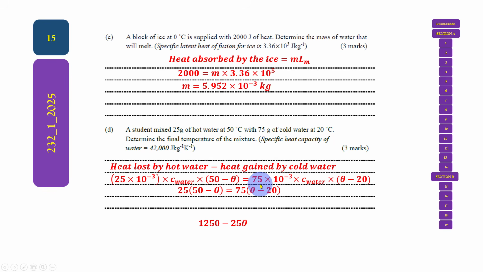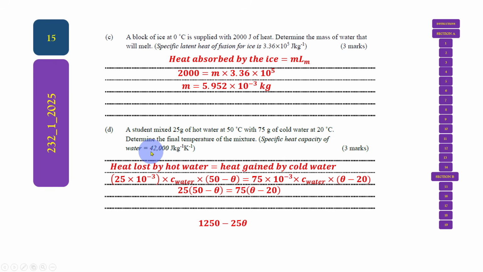In this particular question, you may have noticed that the value of the specific capacity of water provided was not correct. This is 42,000, but the specific capacity of water is supposed to be 4,200. It's not 42,000.